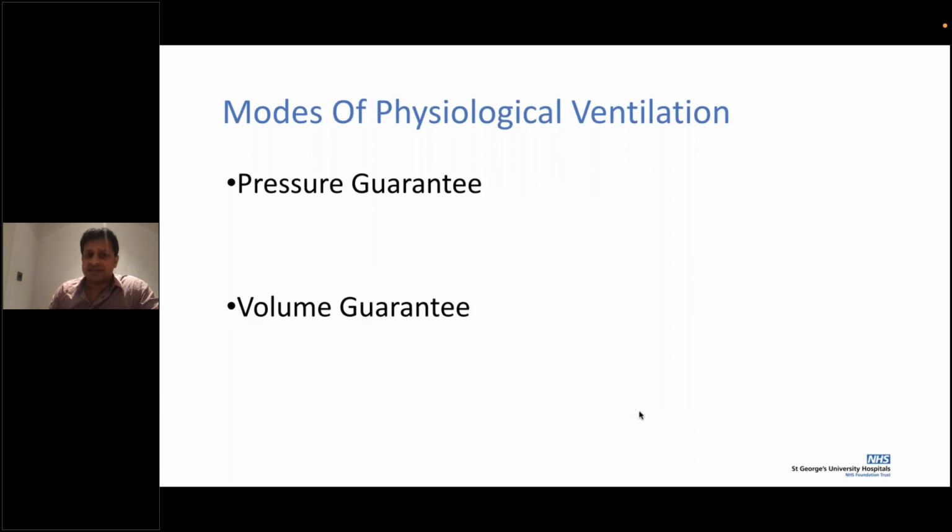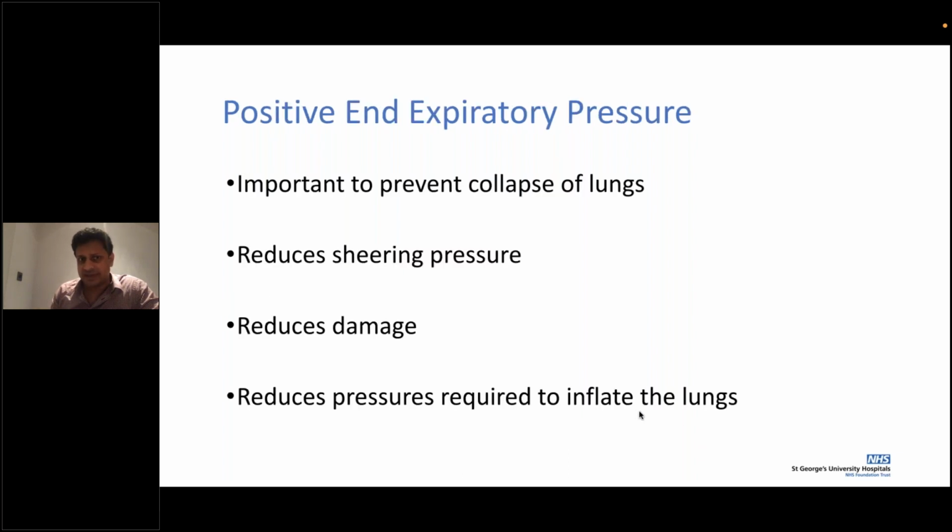Now, positive end expiratory pressure is absolutely key in terms of ensuring your alveoli do not collapse. That's why your PEEP that is set even in your resuscitation or when you're intubating is absolutely key.